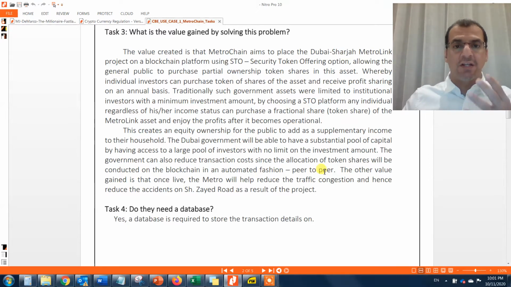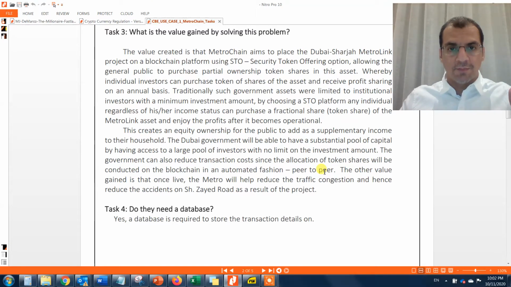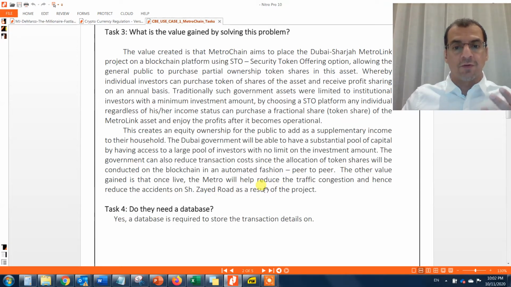Which means that any individual who wants to purchase would go onto the marketplace, the peer-to-peer network, and make that purchase and buy that token share ownership based on his interest and his budget. The other value gained is that once live, the metro will reduce the traffic congestion and hence reduce the accidents on the Sheikh Zayed Road as a result of the project going live.